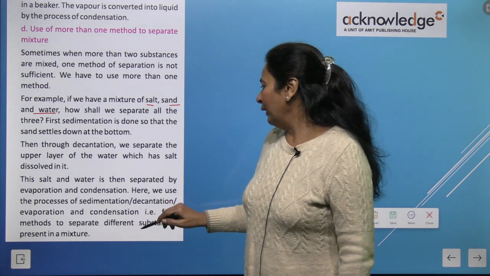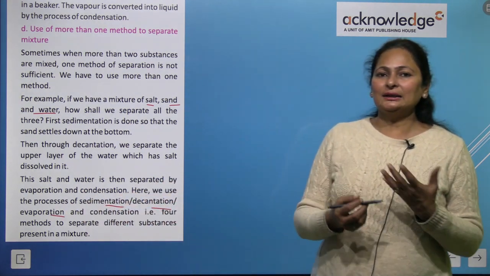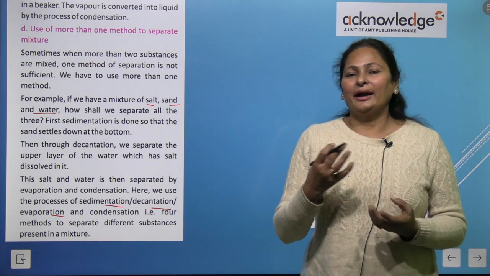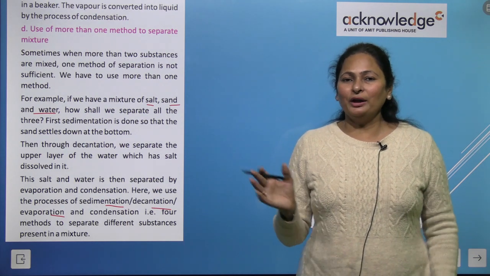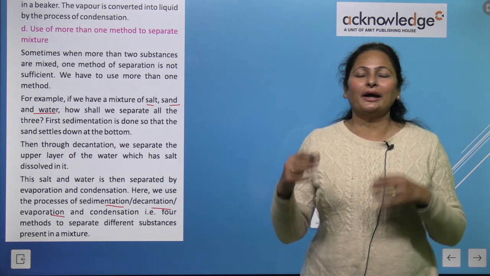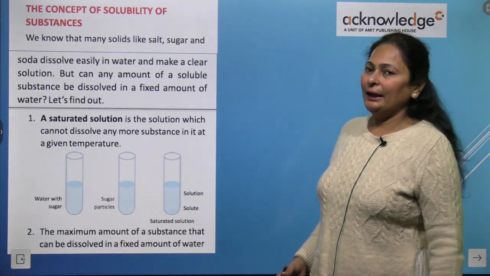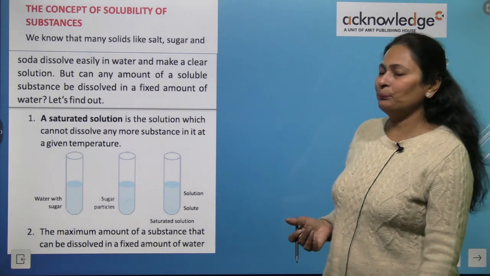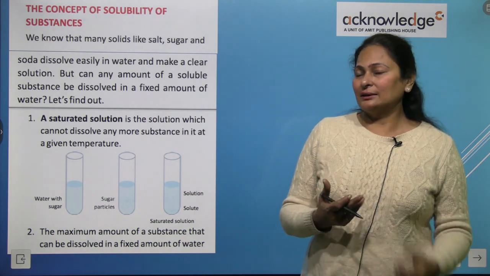So we evaporate this liquid, and finally we get the salt, right? So we have separated sand, salt and water. We can apply many methods at a time to separate mixed things.